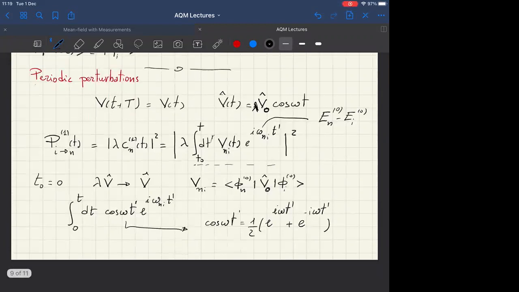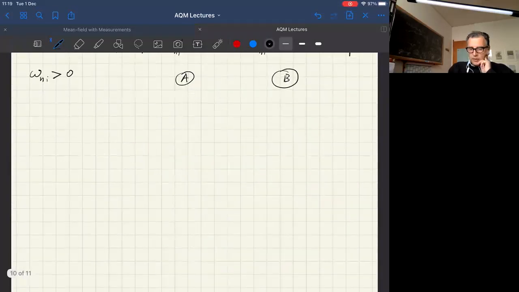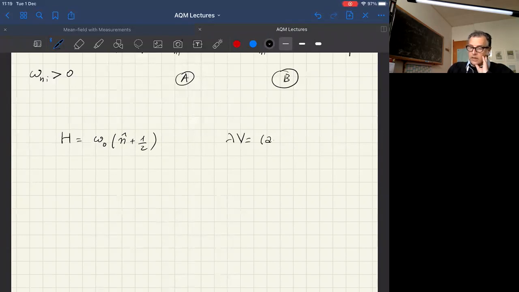Okay, so let me do an example. Let's see if it works. Just imagine that you have a harmonic oscillator, which is omega 0 times n plus 1/2, and then you have lambda V, which is a plus a dagger times cosine of omega t.